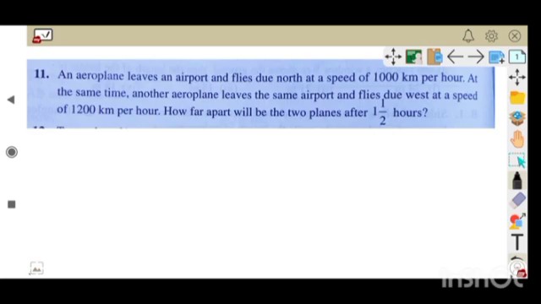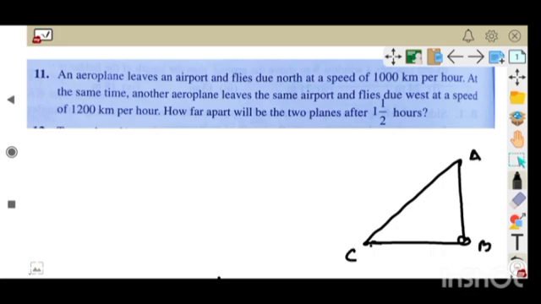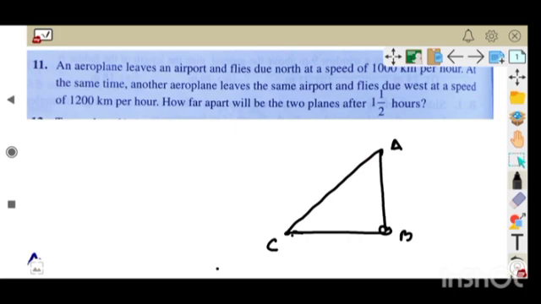First, I'll draw the figure. Here we have the airport. Okay, so I'll give here A, I'll give here B, and I'll give here C. Here this is the north direction, so let me just write here north, and this is west.